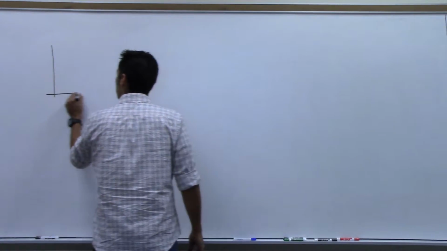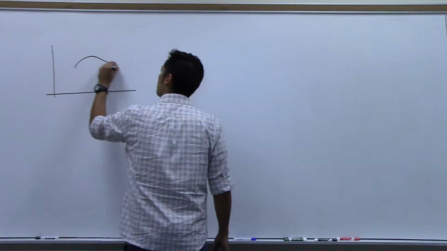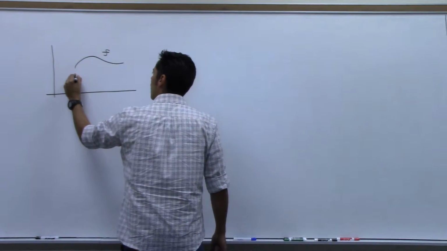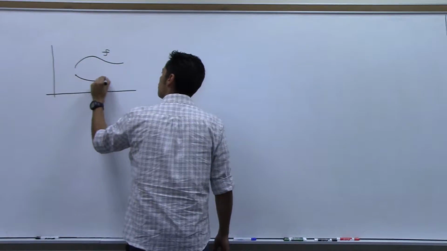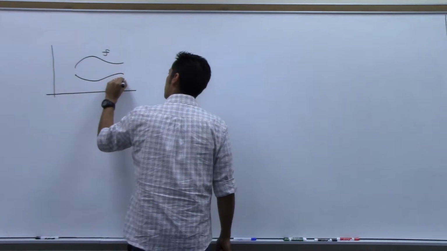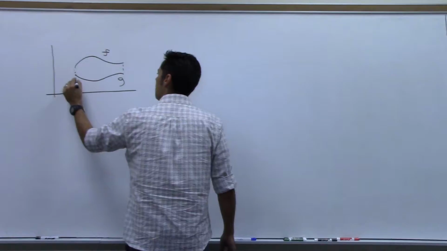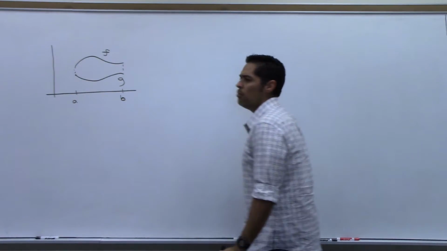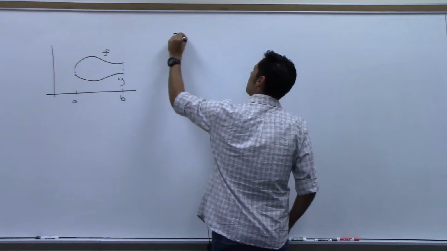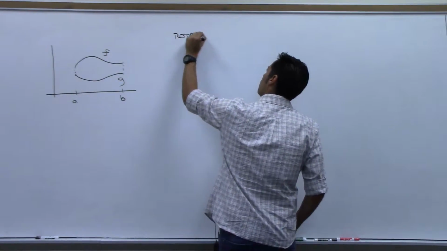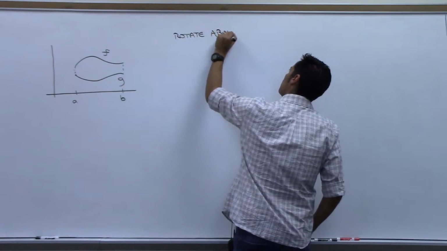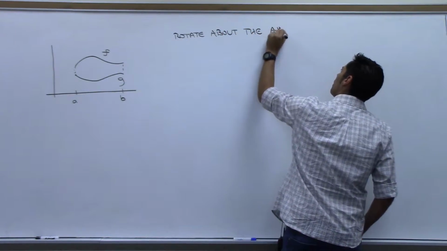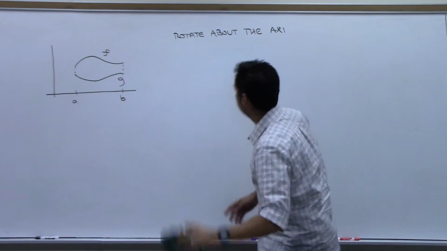So let's say that we're starting out with some function of x here, f, and then below it some function of x here, which I'm calling g. And we're going from a to b, all right? And I want to rotate this, we say, about the x-axis. That's the way we say it.